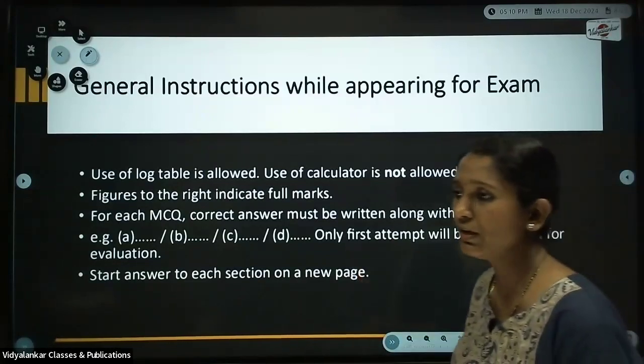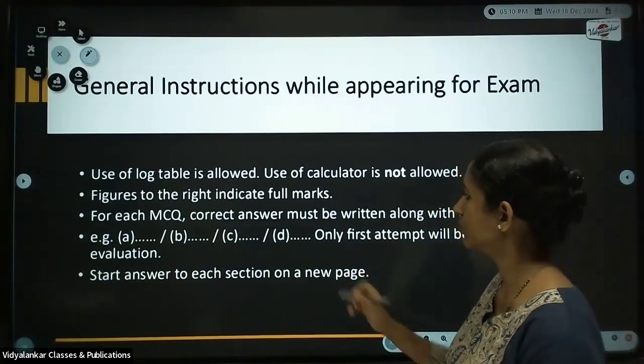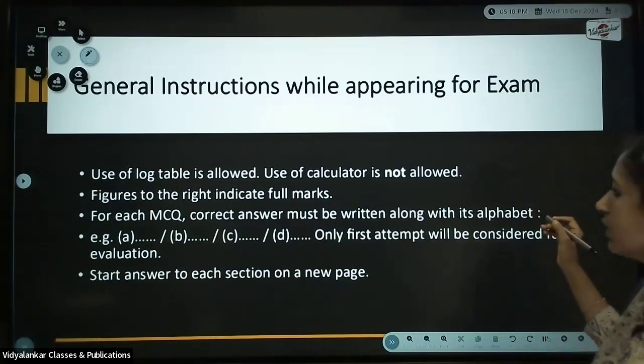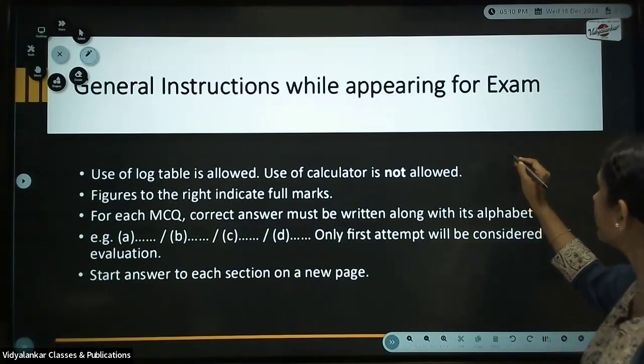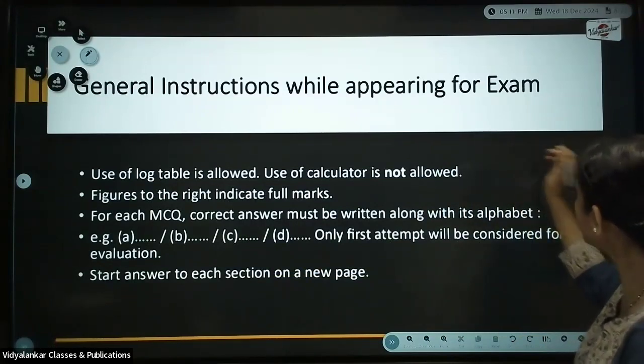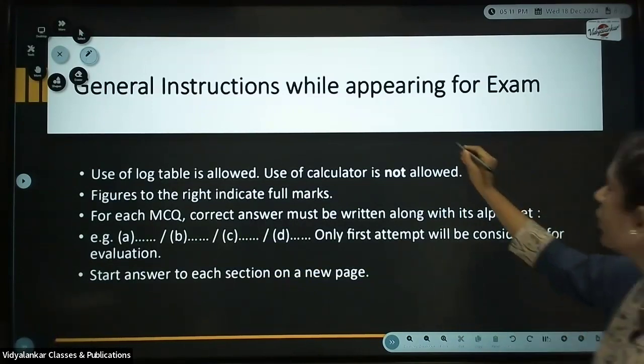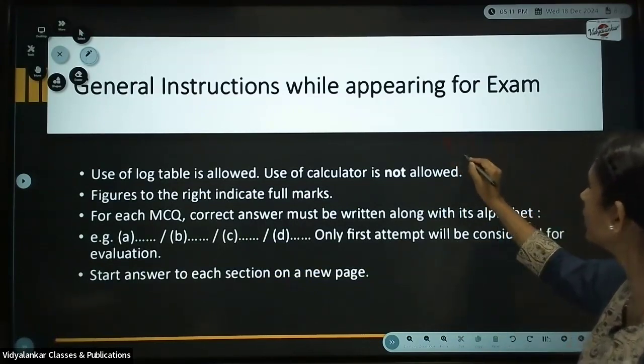Next, MCQ. This is a very important point to remember. As we know, we have 10 MCQs in the question paper. So how to indicate and write the correct answer? Let us start with the first MCQ. This is MCQ number 1 from question number 1.